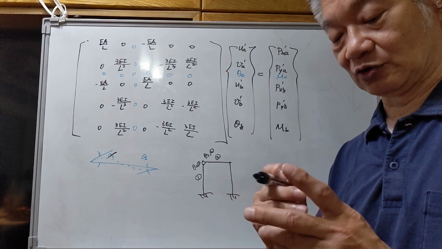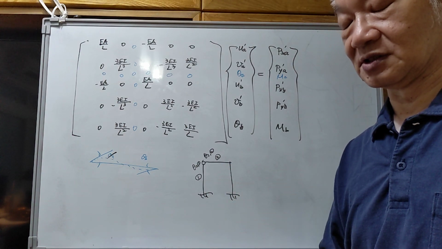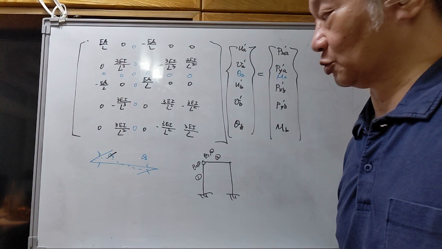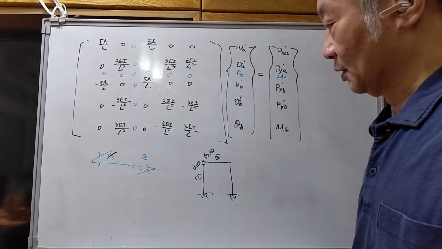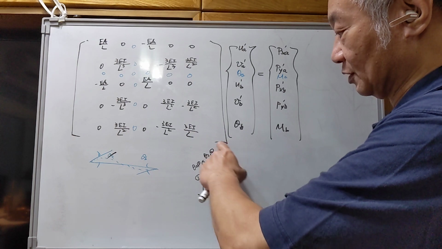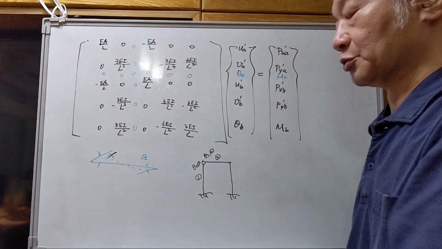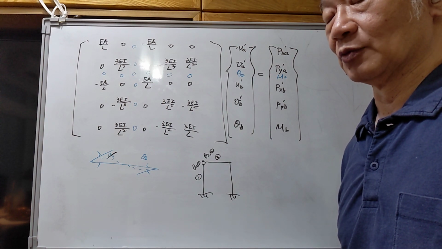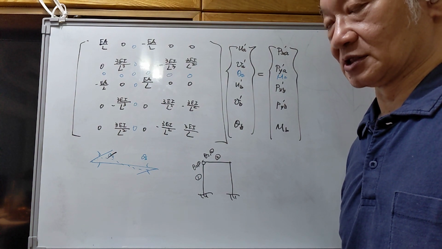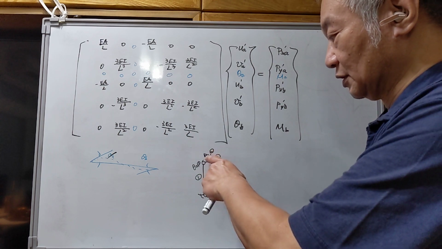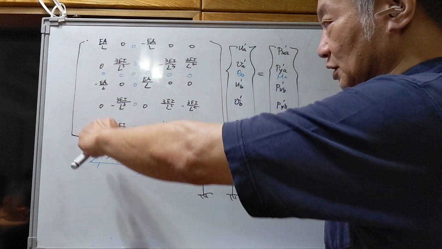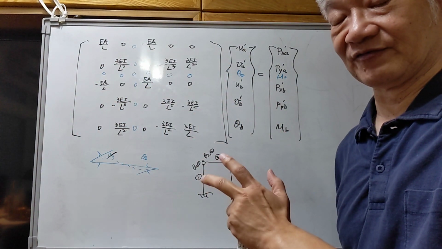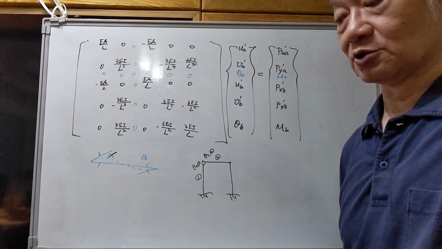Since we have two different rotations at this joint, we need to use two symbols. If we choose element 2 to do the member end release, or use the static condensation, we will develop the 5 by 5 condensed matrix.